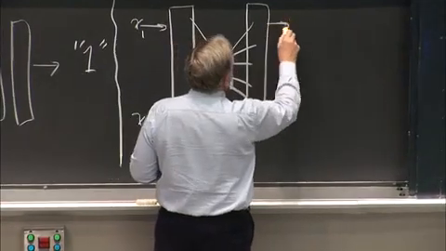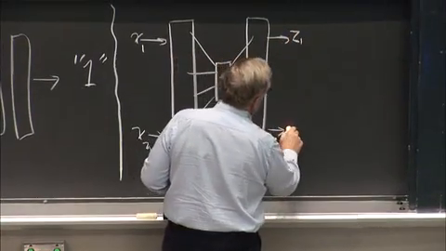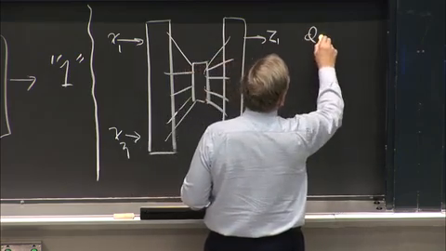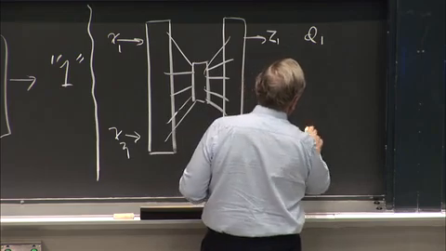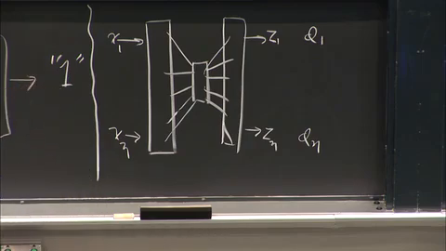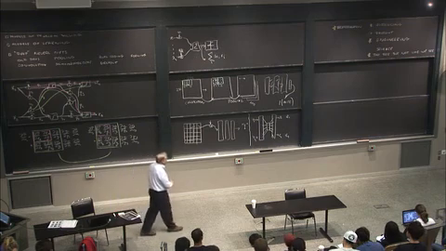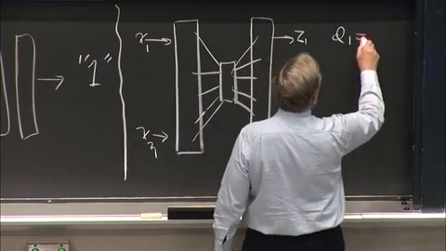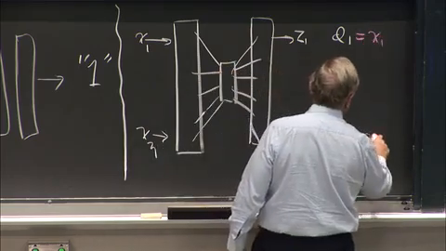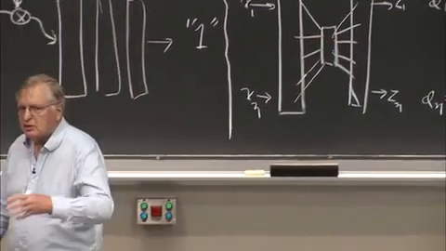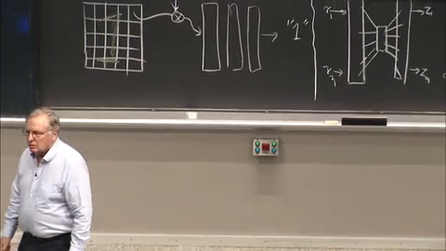Now we can take the output layer, Z1 through Zn, and compare it with desired values, D1 through Dn. You follow me so far? Now the trick is to say, well, what are the desired values? Let's let the desired values be the input values. So what we're going to do is train this net up so that the output's the same as the input. What's the good of that?